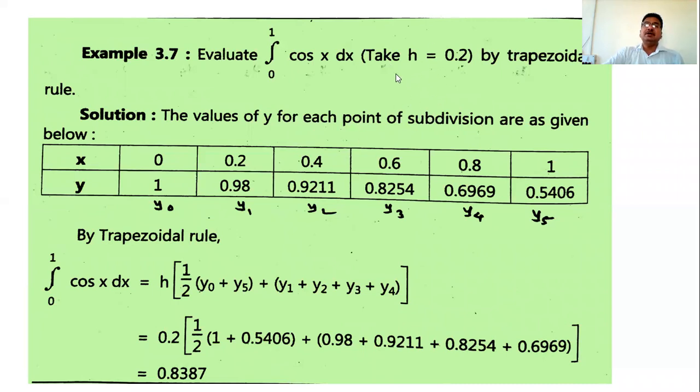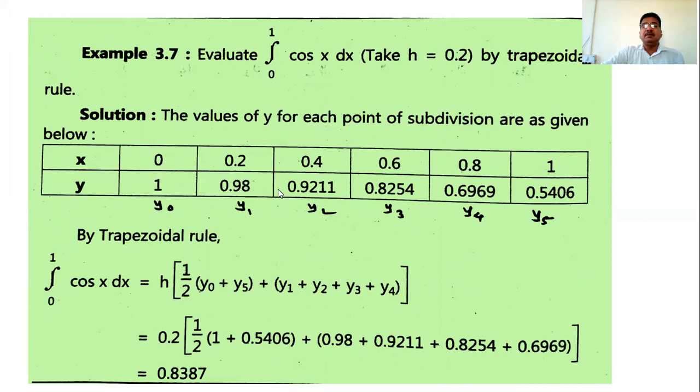If h is not given, and the number of subintervals is also not given, then write the first statement that we divide the interval 0 to 1 into how many parts, either 5 parts, 6 parts or 7 parts. That depends on the applied rule, either the trapezoidal rule, Simpson's 1/3 rule or Simpson's 3/8 rule. Here h is given, so no need to write the first statement or the value of n, the number of subintervals.